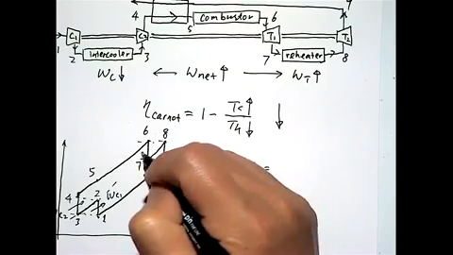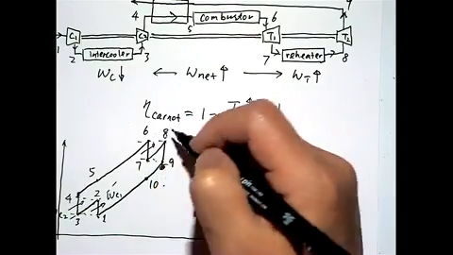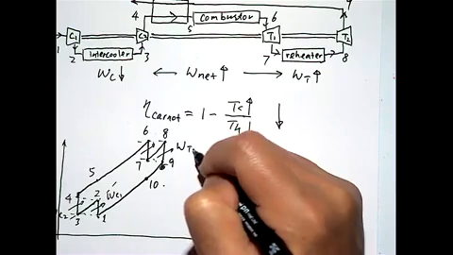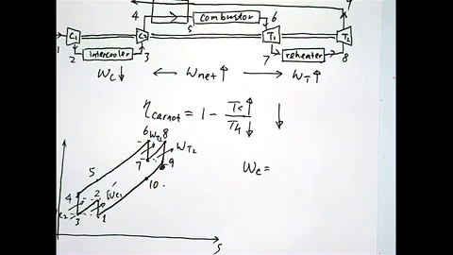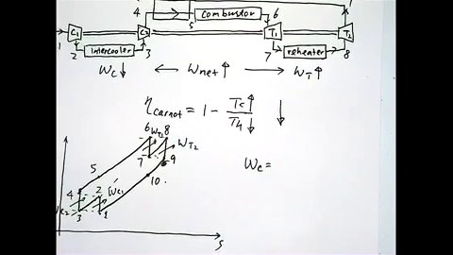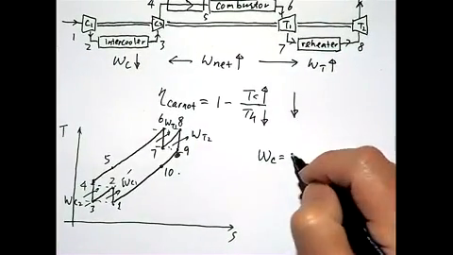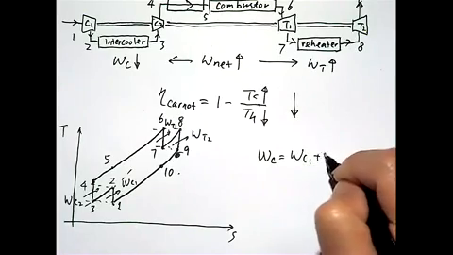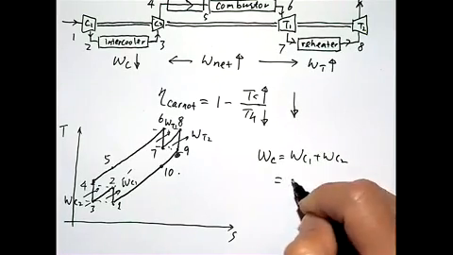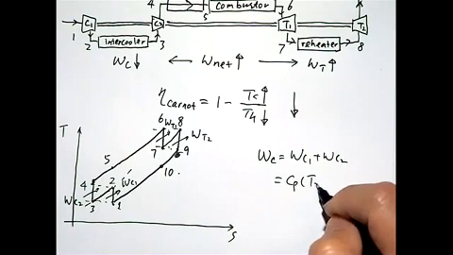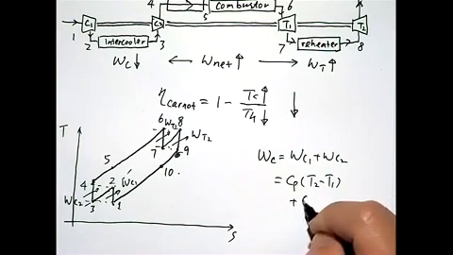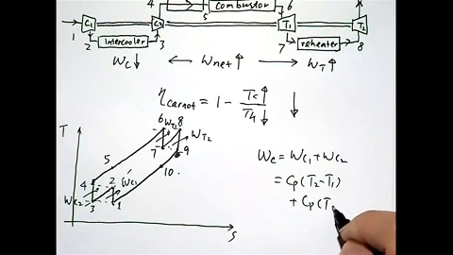And the turbine also has 2 works, WT2 and WT1. So the total compressor work, WC1 plus WC2, should equal Cp (T2 minus T1) plus Cp (T4 minus T3).